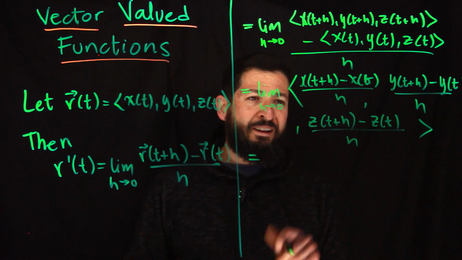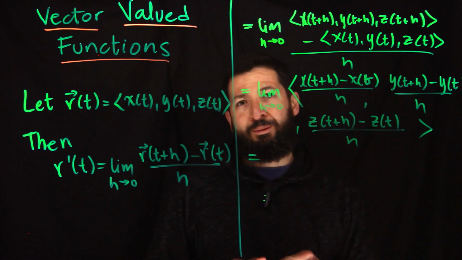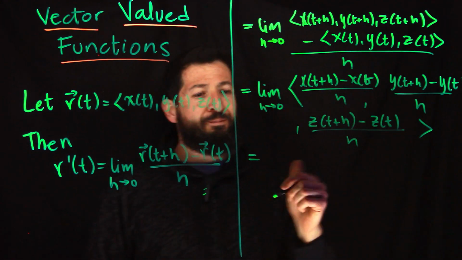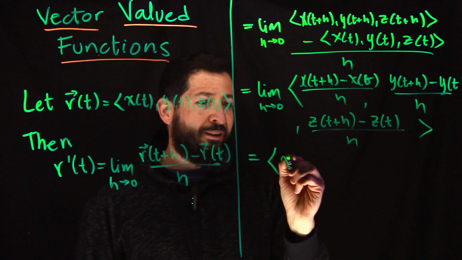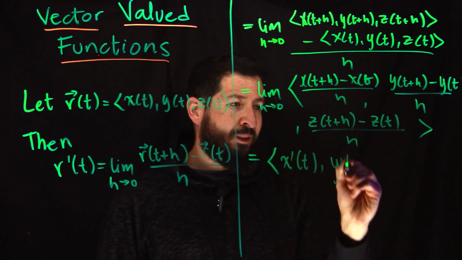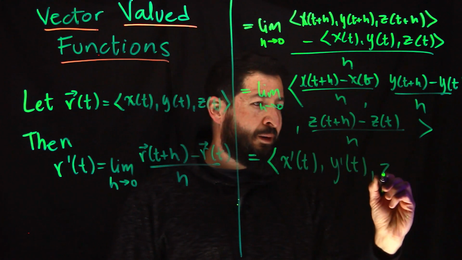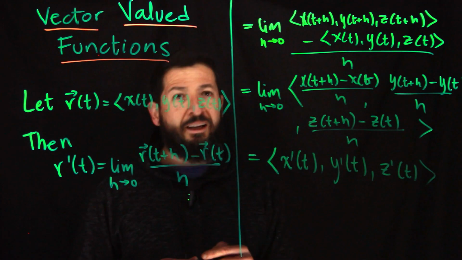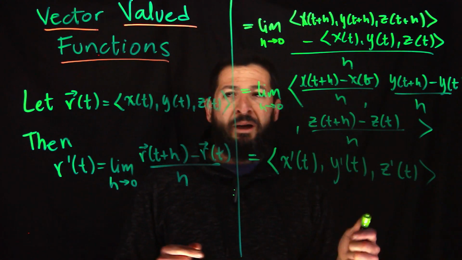Based on the definition, we don't know a priori that that's what would happen, but that is what happens. So once I can move the limit in, I get nothing but x prime, y prime, and then z prime. Meaning that the derivatives, you can also take coordinate by coordinate.